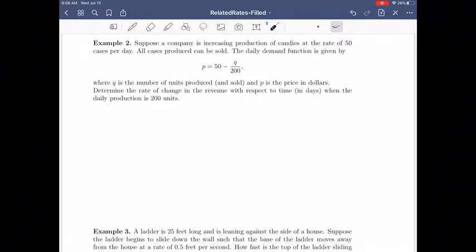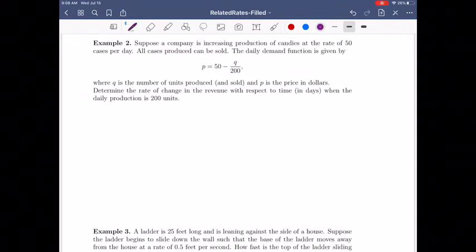We want the rate of change of the revenue with respect to time when the daily production is 200 cases. So we know the demand, which is like the price, and we want the revenue. Let's think about what we're given. Here it's nice because we're given all the variables: we have P, Q, and R, the revenue.